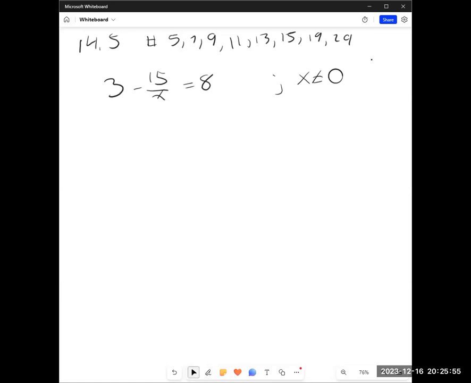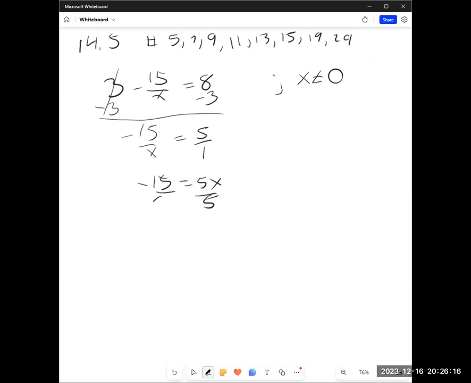So let's go ahead and isolate this expression with a variable in it by subtracting 3 from both sides. Negative 15 divided by x is equal to positive 5, and I'm going to put that over 1. I'm going to cross multiply here because this is a proportion now. Negative 15 is equal to 5x.